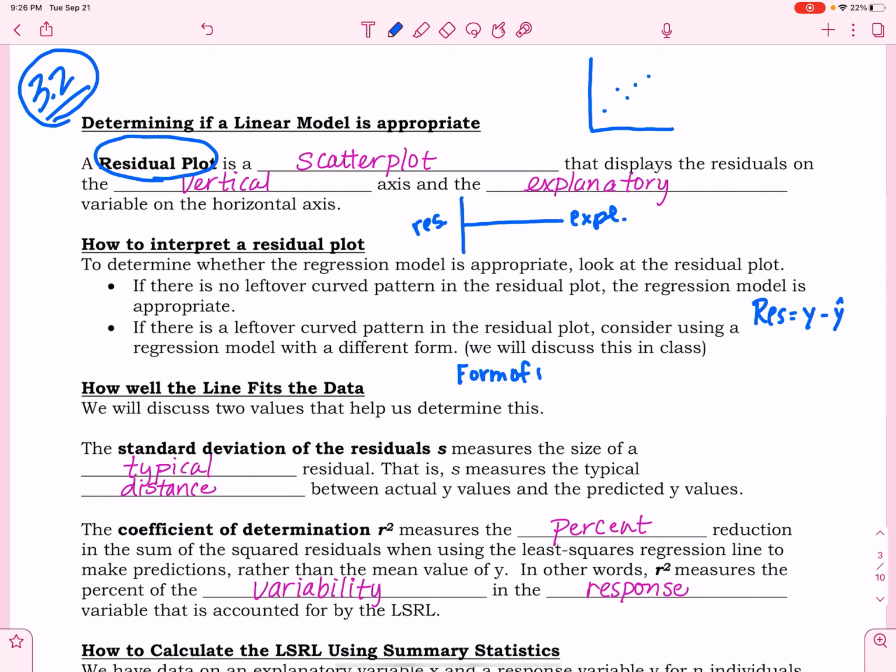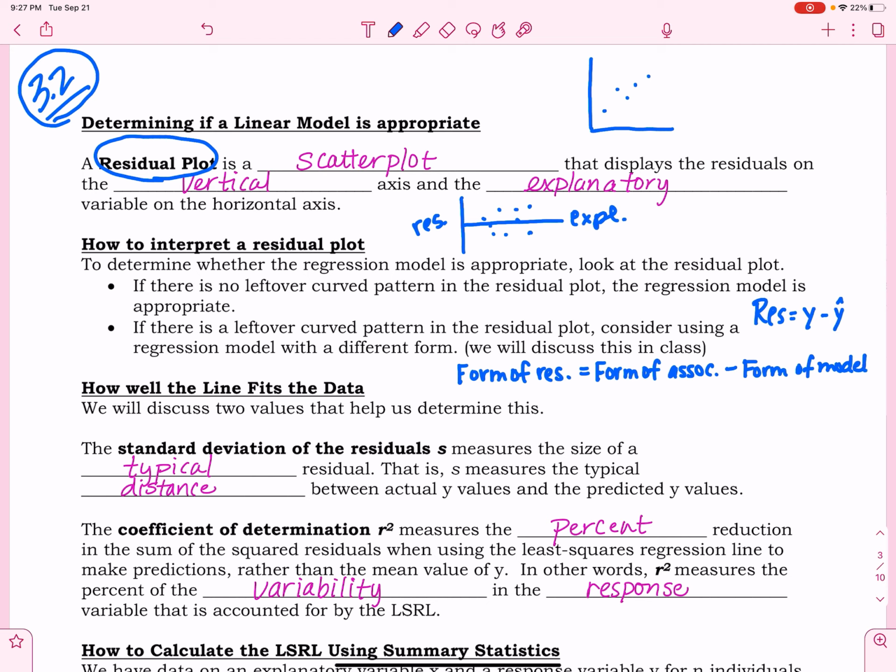So the form of the residual, and by that I mean whatever the scatter plot of the residuals looks like, would equal my actual y, and I'm going to call this the form of my association because that's the form of your original scatter plot, minus y hat, which is your predicted y value. So that's going to represent the form of our linear model. Okay, so I'm going to call that the form of the model.